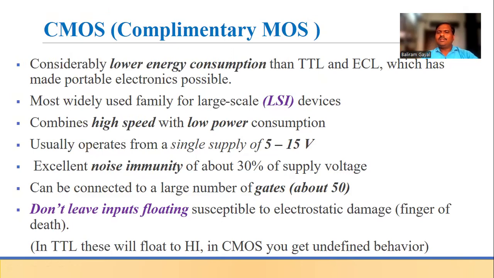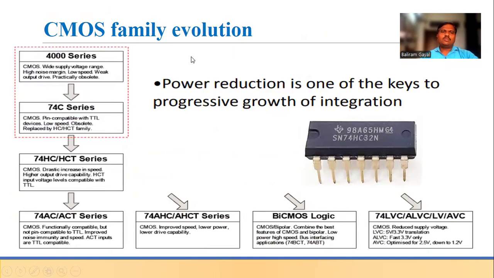Now the evolution of the CMOS families, starting with the 4000 series. That is CMOS with wide supply voltage range, high noise margin, low speed, weak output. These are the characteristics. Then the next series is the 74C series, pin compatible with TTL devices, low speed. Today it has become obsolete. Then the next series evolved from that: 74HC or HCT series, then 74AC, ACT series.